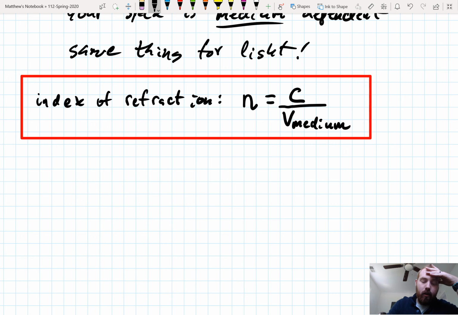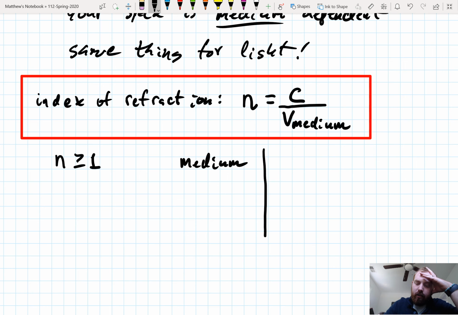All right. So let's list some values. First thing I want to say is that n is always going to be a number greater than or equal to 1. If the medium is vacuum, n is 1. Anything higher, anything of a greater index of refraction slows down the light. So let's give some example media and the corresponding index.